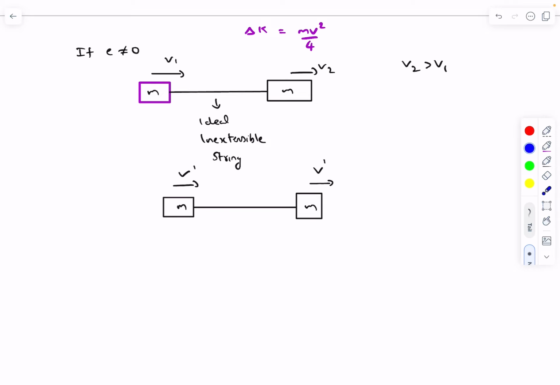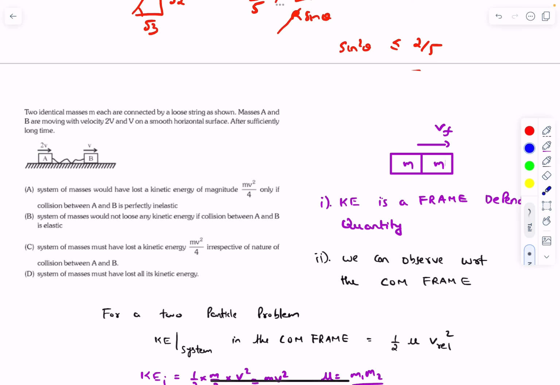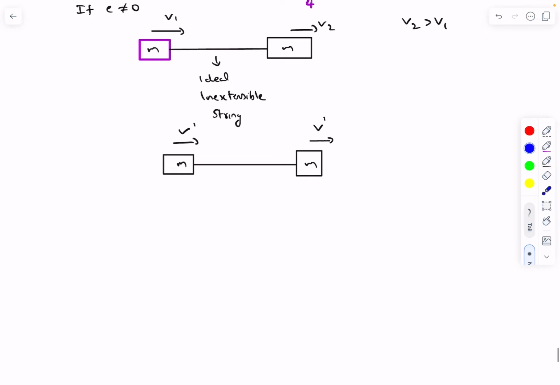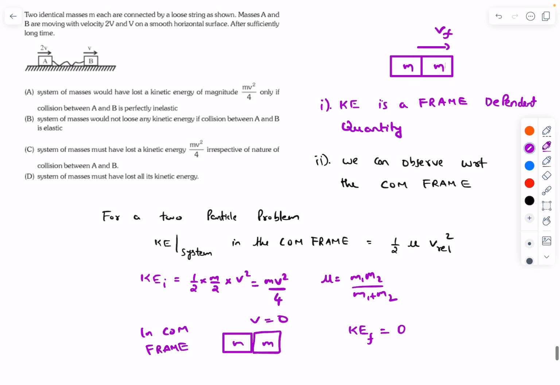And now if you observe something, the initial situation was the blocks moving with 2v and v. And finally, what ends up happening is that both the masses have the same velocity, just like the inelastic case, right? And in the inelastic case, we earlier figured out that the loss in kinetic energy is mv square by 4. So let's say the collision is not inelastic, and the blocks start separating.